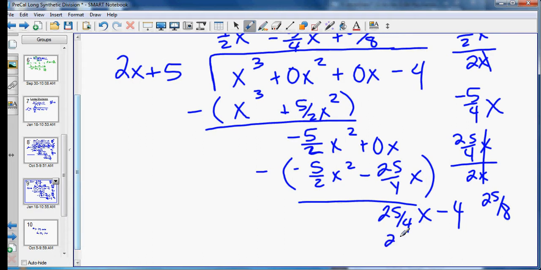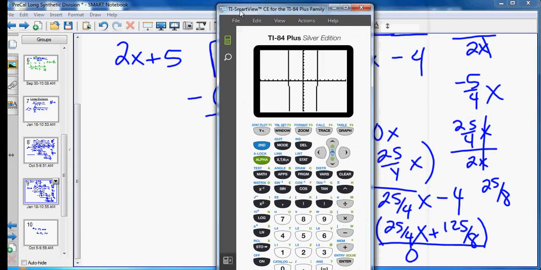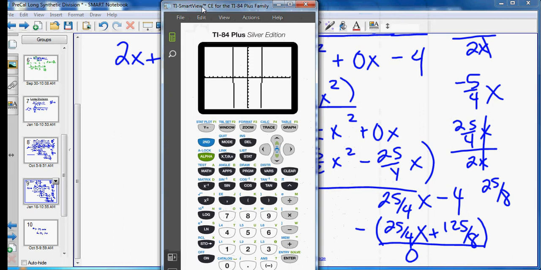So that goes away. And let's see, I'm going to get my calculator to help me here. We need negative 4 minus 125 over 8.